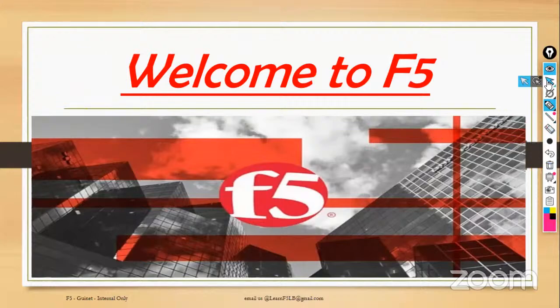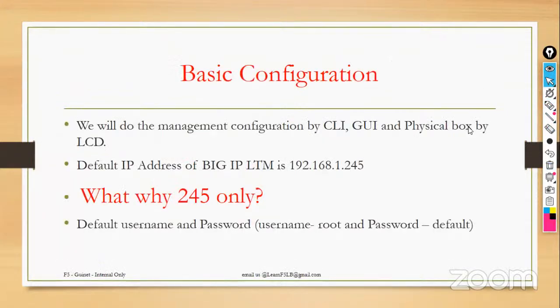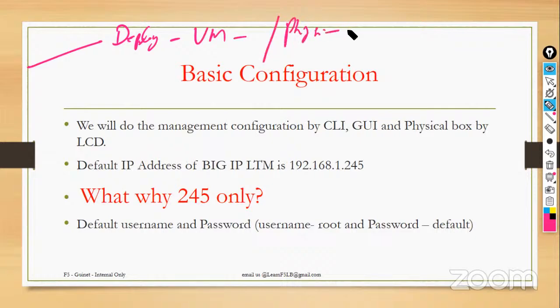So first of all, we will start from the basic configuration. Basic configuration means whenever there is any requirement to deploy the F5, it may be your virtual F5, or if you buy the physical box, then you will receive one physical box. Then you need to configure it in your data center.